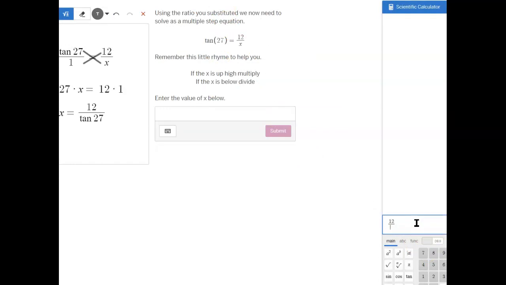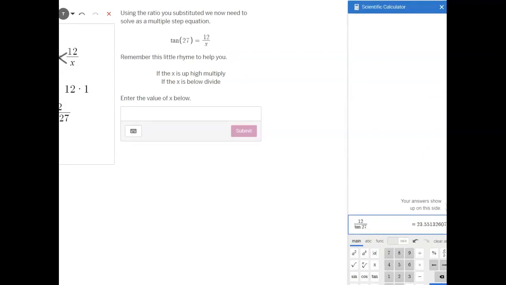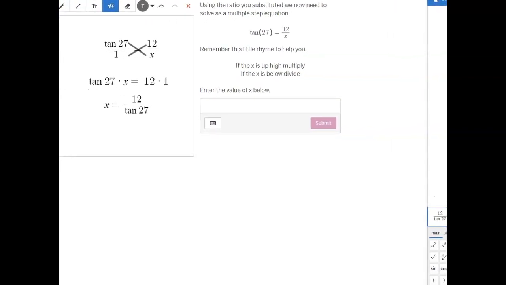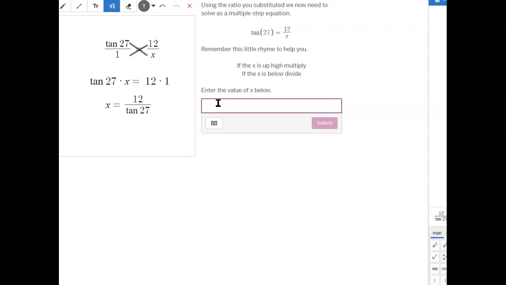So 12 divided by tan 27 is 23.55132607. Now, most of the time they're going to have you round that number. So let's go ahead and round it to 23.6.